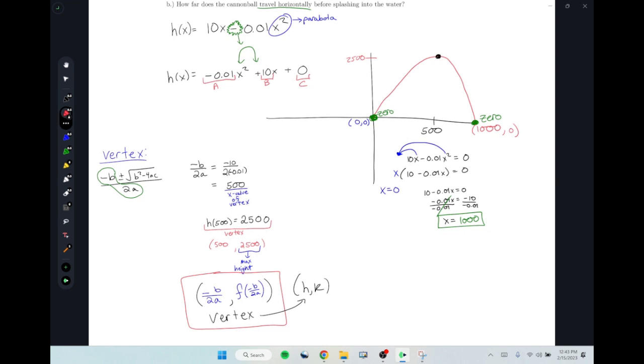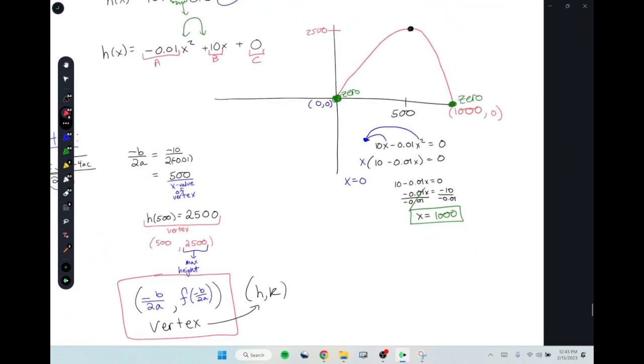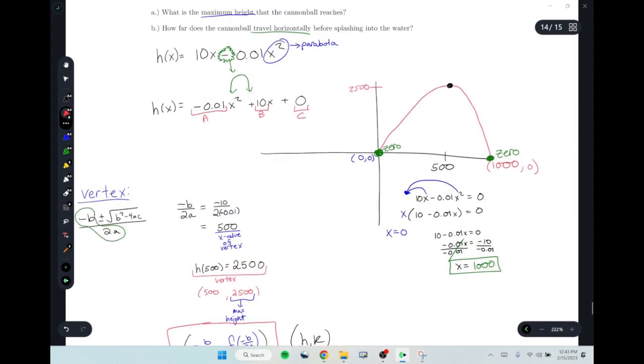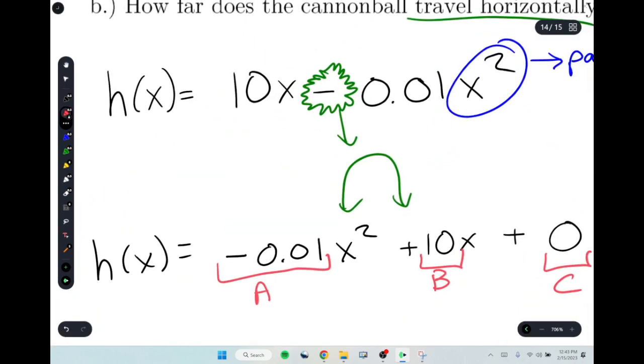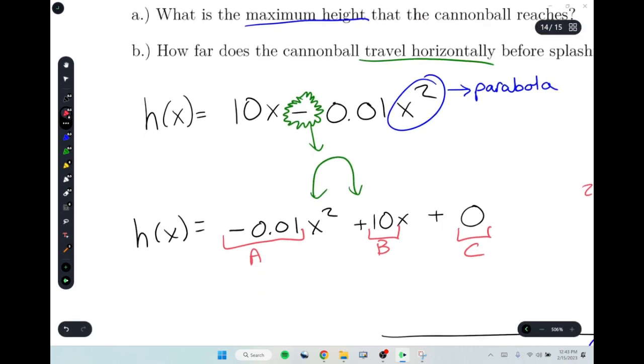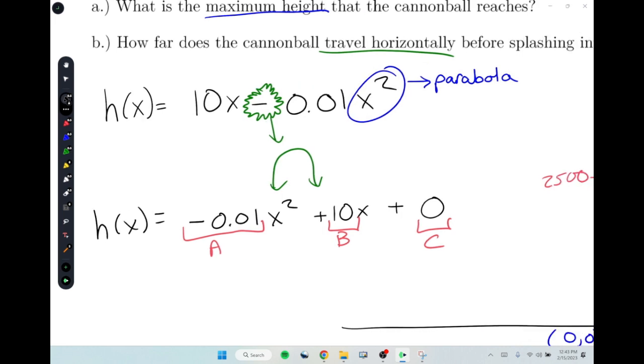Wait, can you repeat why you changed the signs in the second equation? Right there? Okay, I didn't necessarily change the signs. I just moved the order we wrote them. There's technically an invisible plus sign right there, so it stayed with it.